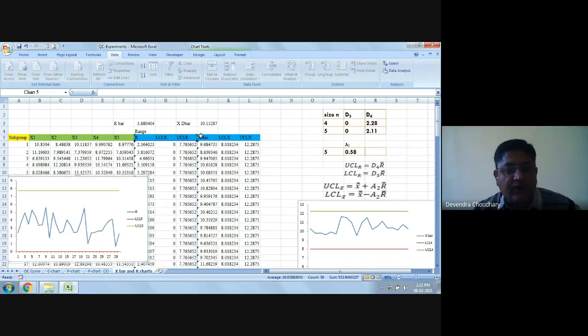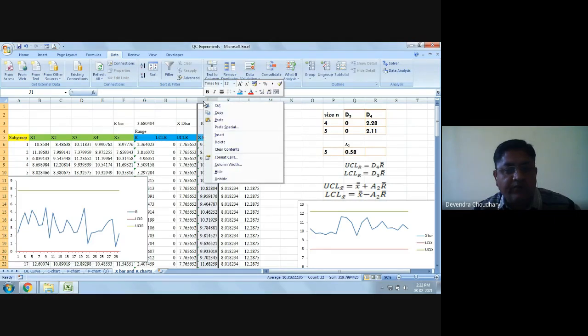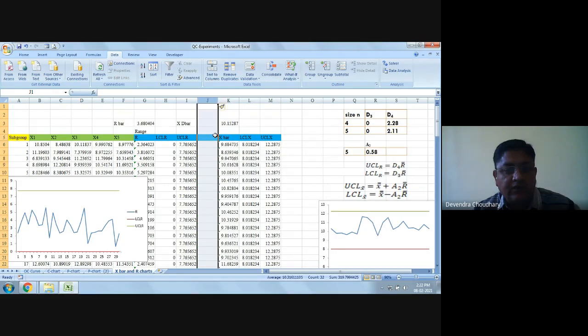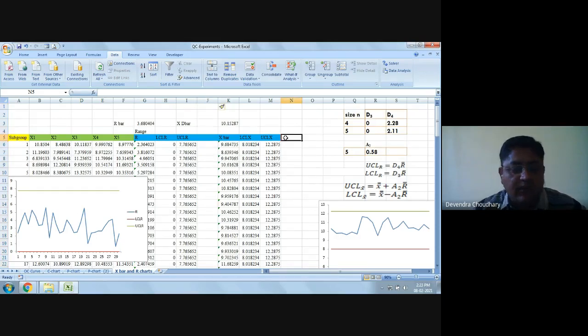I will add a column here inside, and I will also make here X double bar. So here this value is, let's say, this thing.